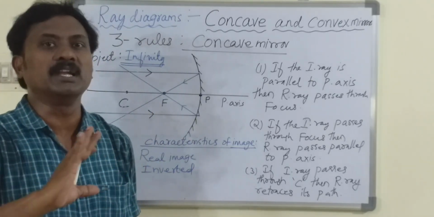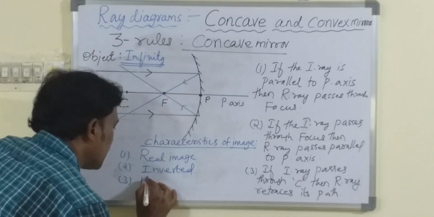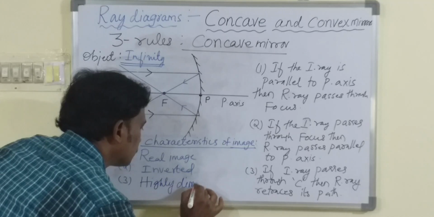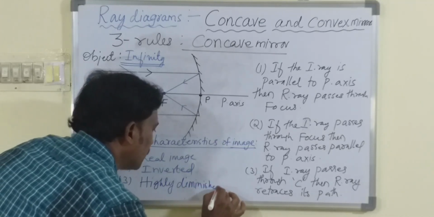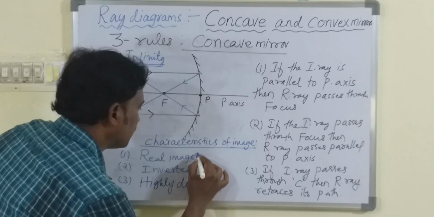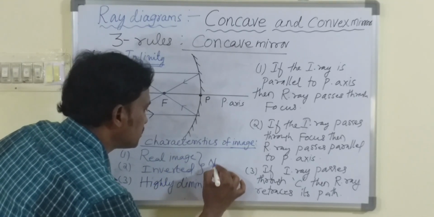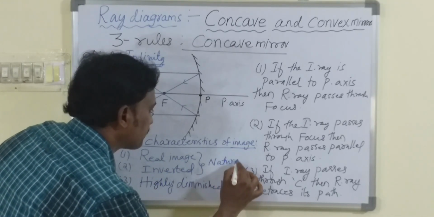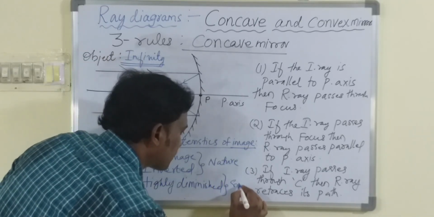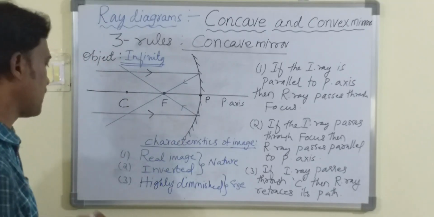So we say it's highly diminished. We call it highly diminished. So this real image and the inverted image will tell us about the nature. This is the nature of the image. And this last point tells us about the size.